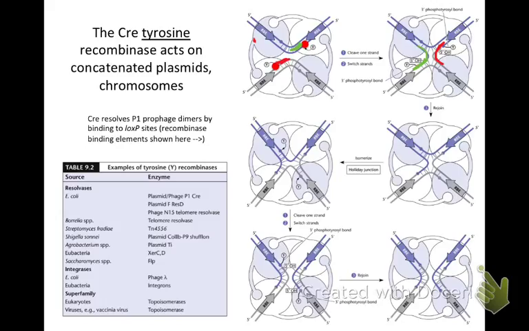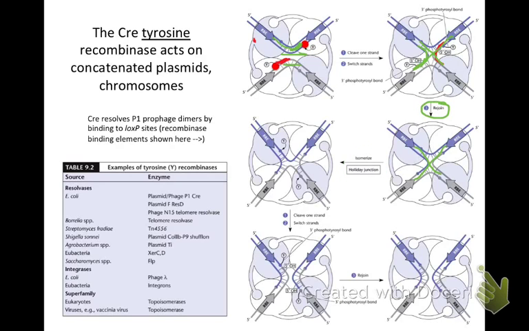So they're really just trading places. They're going to be rejoined, and now we've moved to this cruciform structure, and the cruciform structure has been sealed so that we have a covalent backbone again on all the DNAs.